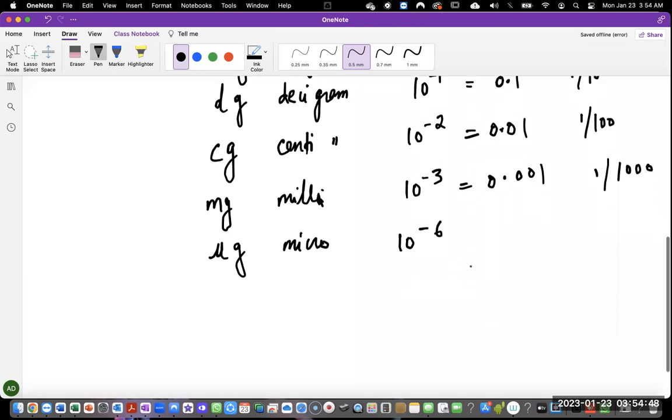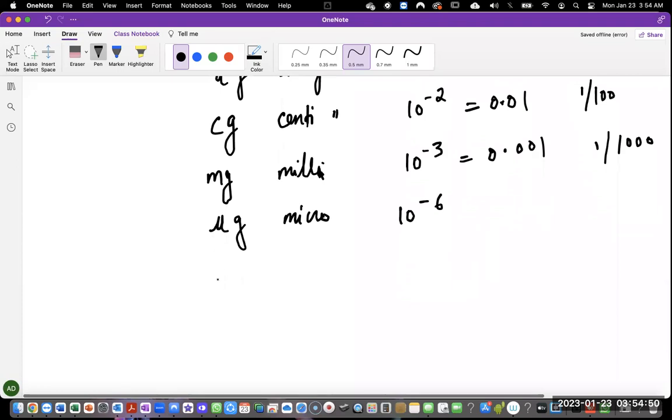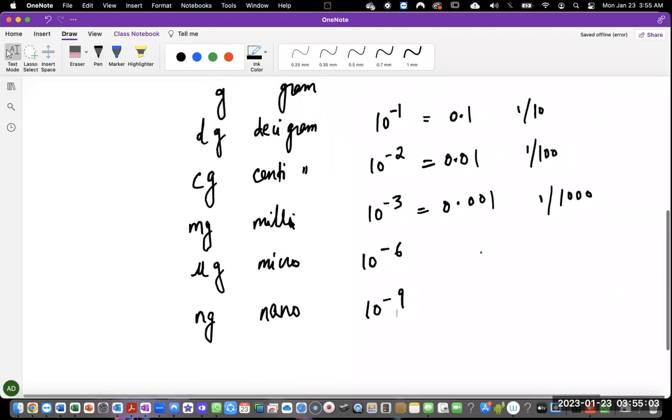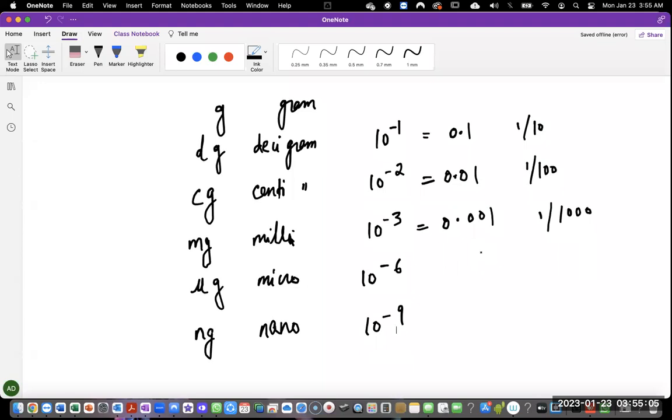What is next after micro? Where we go next is ng, and n here stands for nano. Nano is 10 to the power -9. So we will be going over all these different prefixes. We want to remember these prefixes so that we can do the conversions easily.